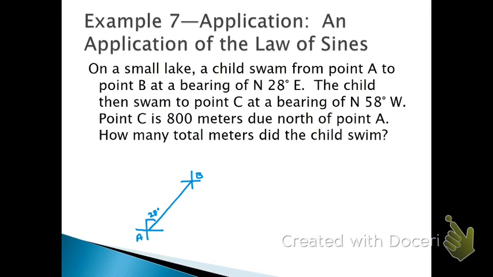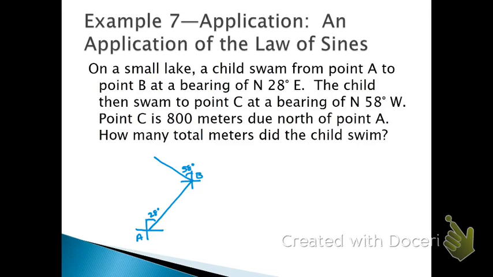And from point B, it says that he's swimming at a bearing of north 58 degrees to the west. So from the north, go towards the west, 58 degrees. So that's that angle out there. And it says point C is 800 meters due north.